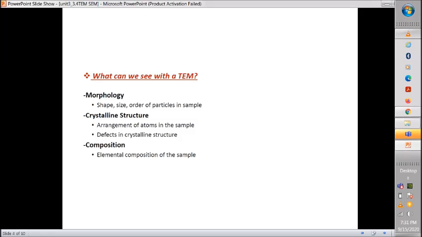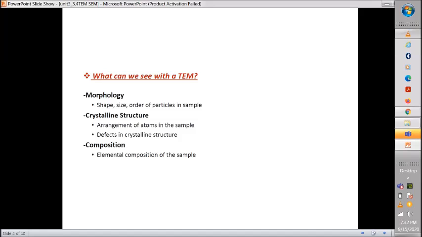Next, what are the things we can see with the transmission electron microscope? Using it, we can see the morphology of the sample, the crystalline structure of the sample, and the composition of the sample. With morphology, we can see the shape, size, and order of the particles present inside the sample.